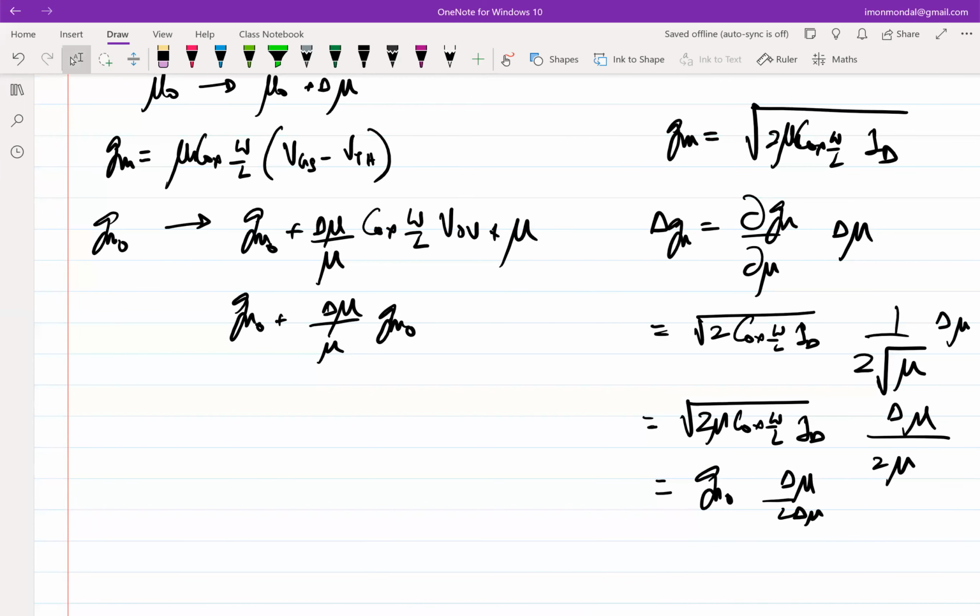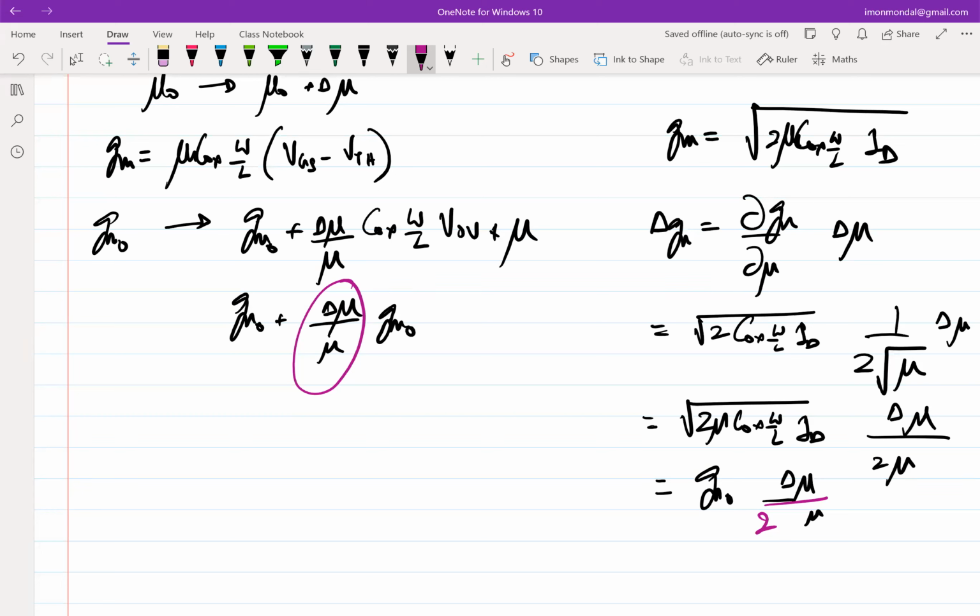So in the voltage bias case, the change in GM is proportional to delta mu over mu. In the current bias case, it is proportional to delta mu over 2 mu. So even if you bias with a constant current source, the effect of the change of mobility on GM is half that of a constant voltage bias.